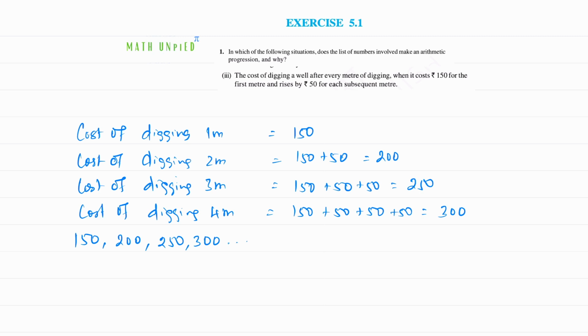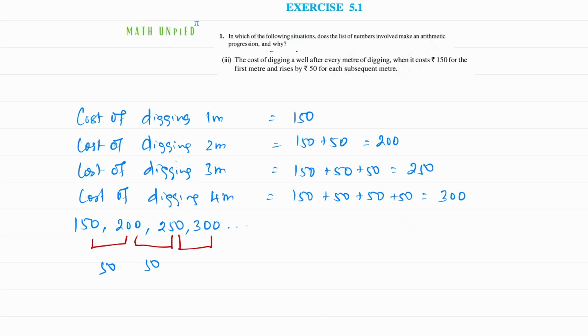So the difference is very clear between 200 and 150. This is 50, and for 250 and 200, the difference is again 50, and for 300 to 250, again the difference is 50.